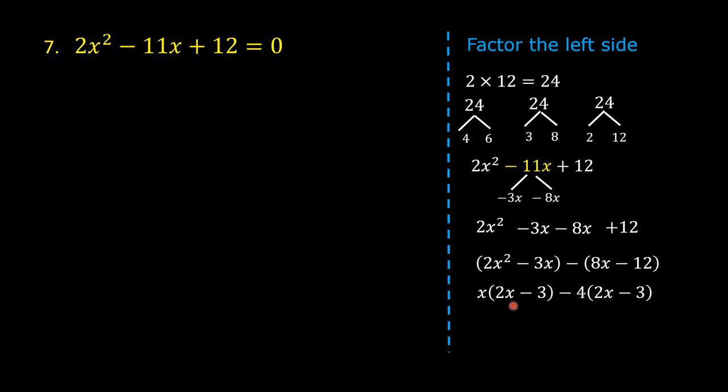We can see that 2x minus 3 here is the same as 2x minus 3. Copy one of them. And then enclose in parentheses x and negative 4. These are now the factors of 2x squared minus 11x plus 12.